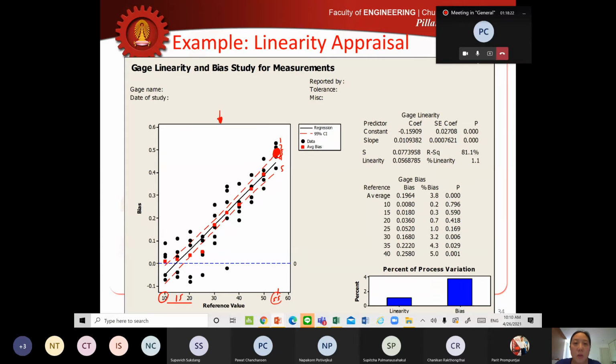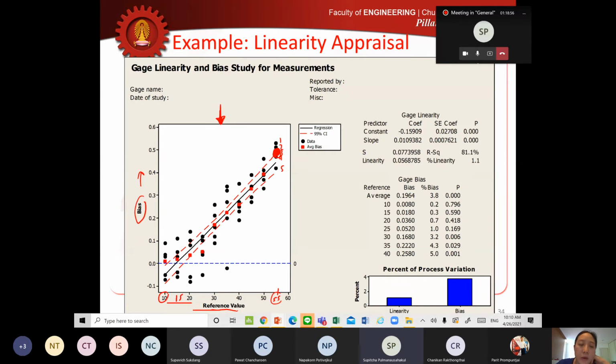Do you think that bias, which is the y-axis here, has a relationship with the reference value? Oh, yes, because at a smaller number, the bias is smaller.